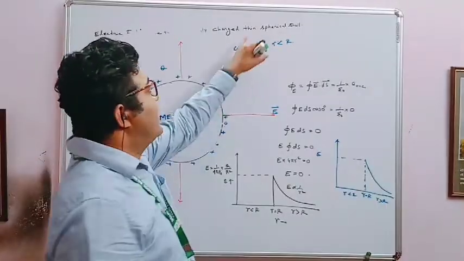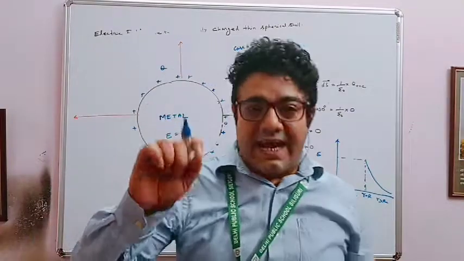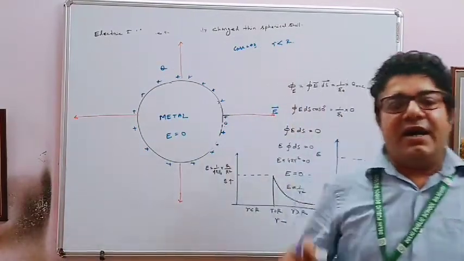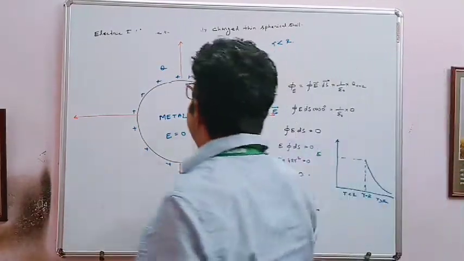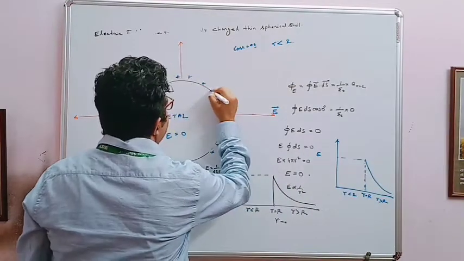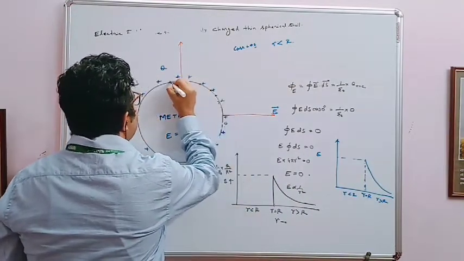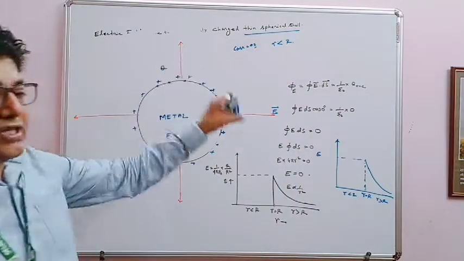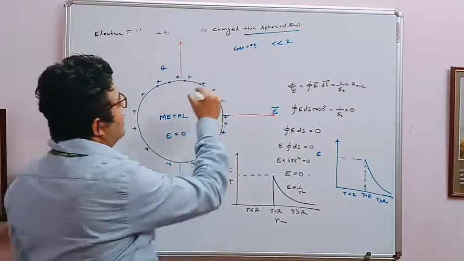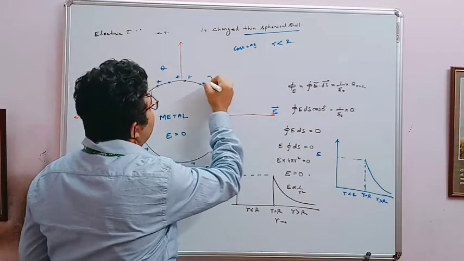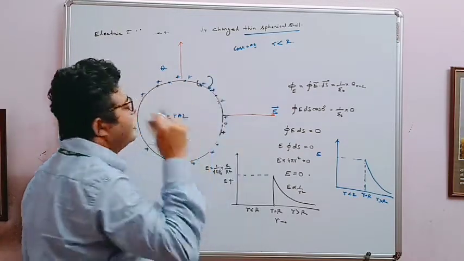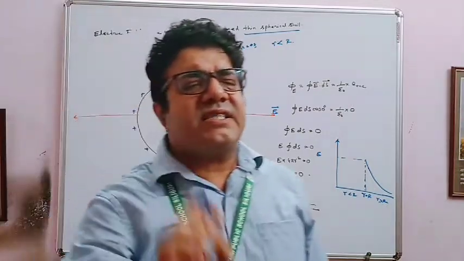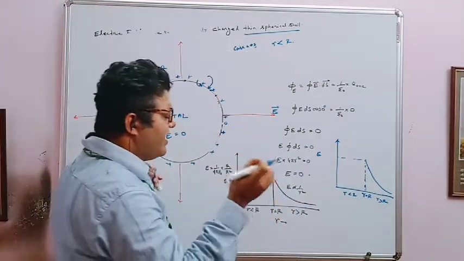As it is a thin shell, and especially non-metallic, a thin shell means it must have some thickness. As it must have some thickness, the charge is on the surface. For a thin shell, charge is present outside as well as inside, although the thickness is very, very small.